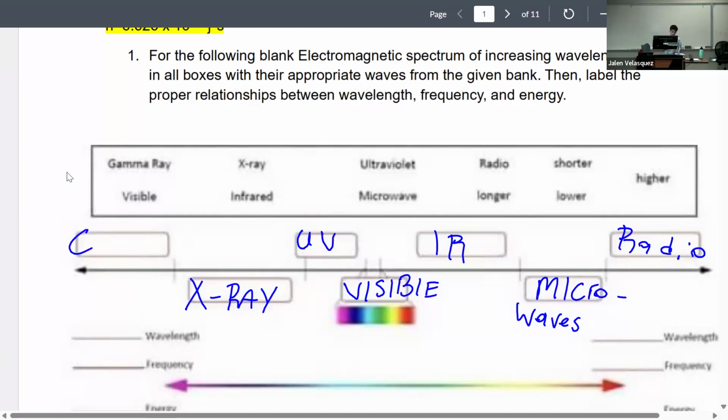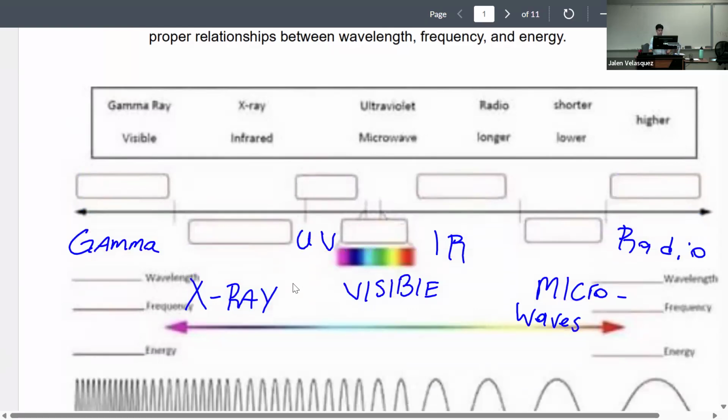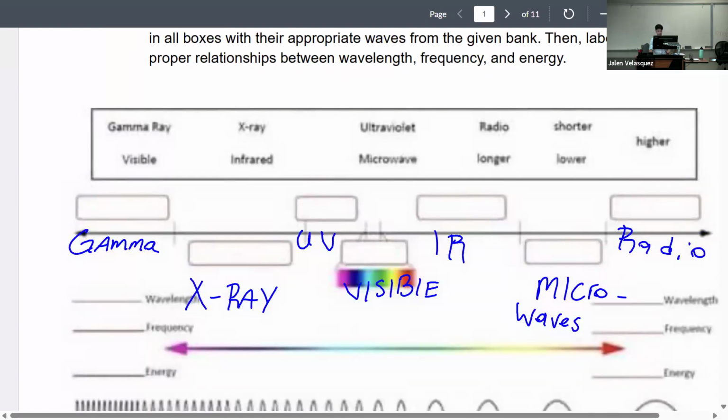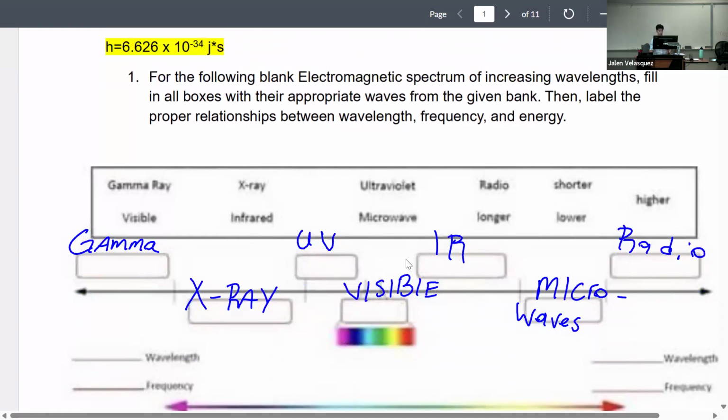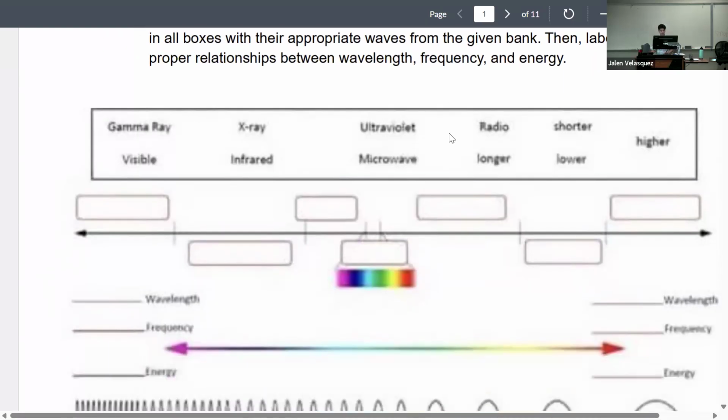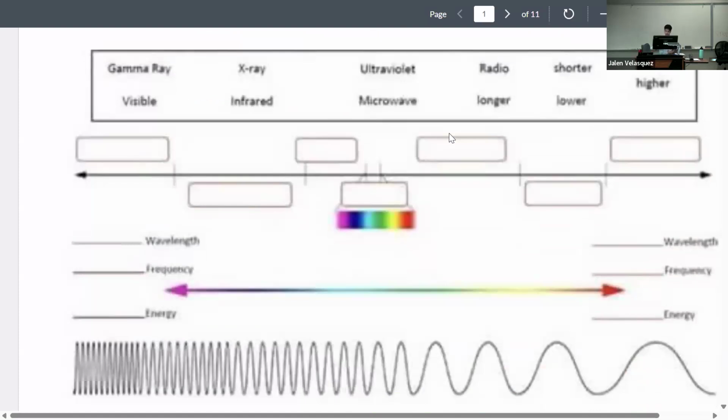Gamma, good. All right. So are we all good with this, the radiation here? Okay. So make sure we memorize that, right? We need to know the order, and we also need to know the relations in terms of wavelength, frequency, and energy. So let's quickly, I'm going to just rewrite this.